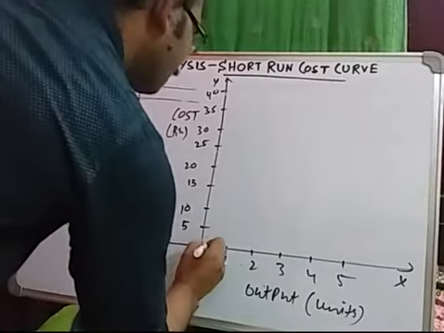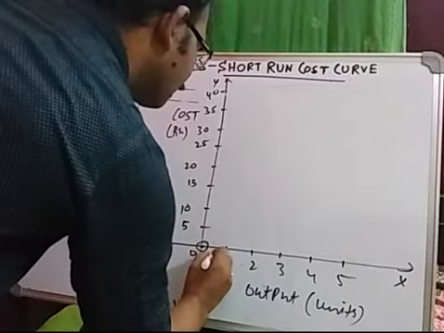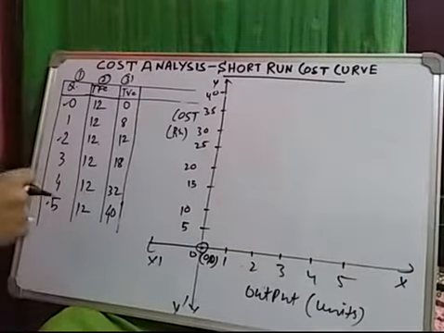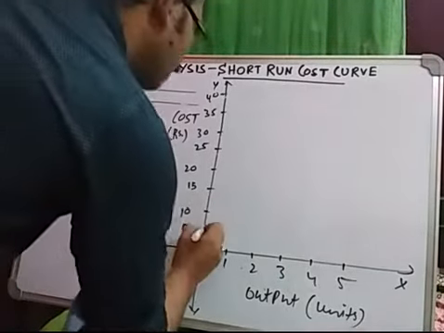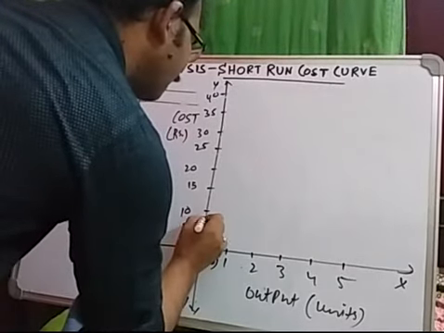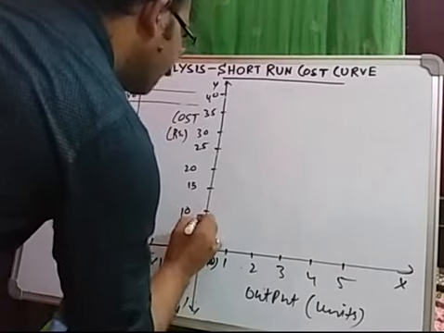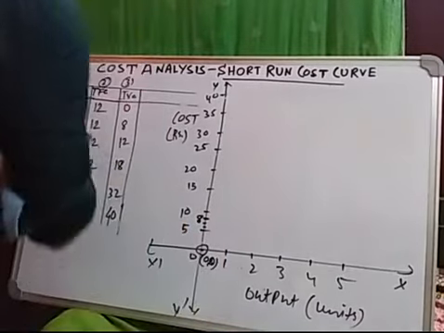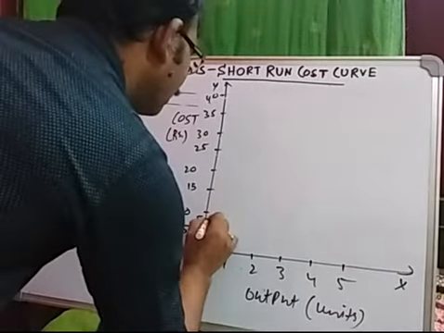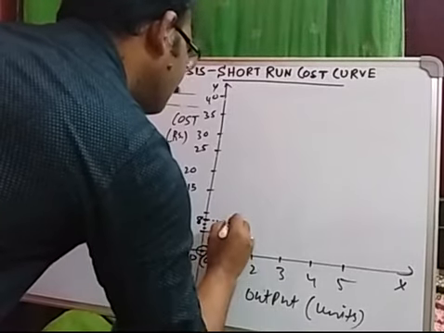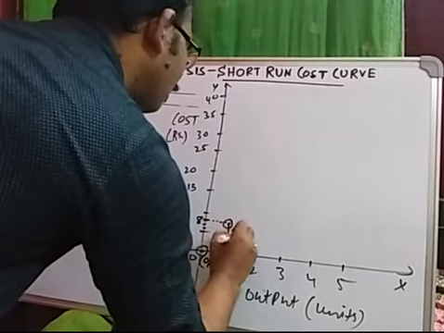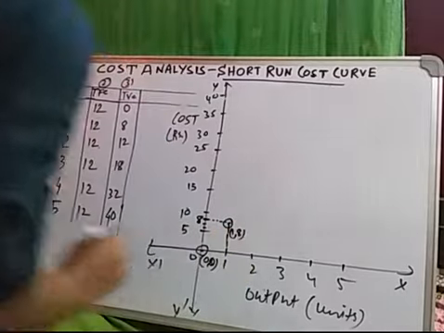Now the first point is 0, 0. If you produce 0 units, your variable cost will be 0. Then 1, 8. So this is 5, 6, 7, 8. If you produce 1 unit, your variable cost will be 8 rupees. So this is the point 1, 8.